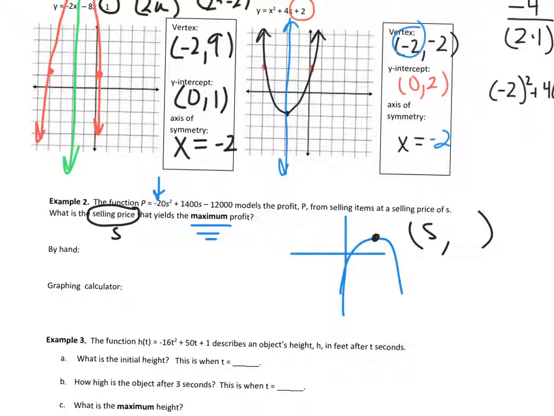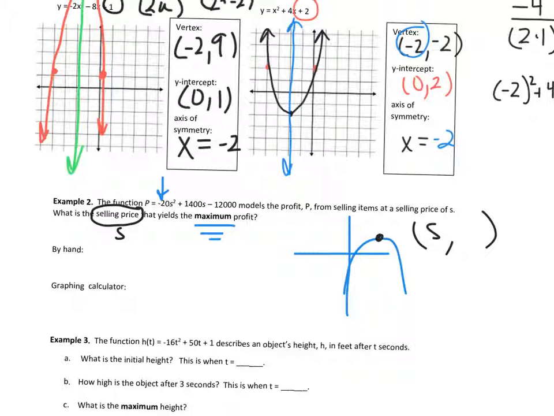So I'm going to show you how to do it by hand, and then I'll also link a video on how to find the maximum, or the vertex, on your calculator. So by hand, I'm going to use the formula opposite b over 2a, because we're talking about maximum.